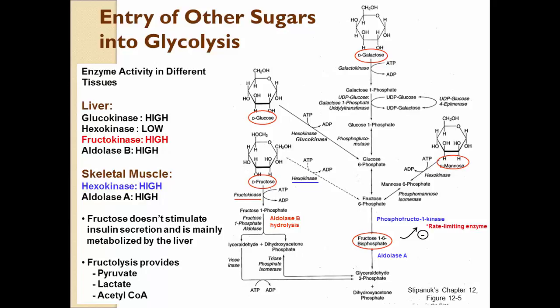So fructose can be metabolized without critical control. A lot of fructose can be metabolized and generate glycerol 3-phosphate, right? And this is the backbone for fatty acid synthesis.